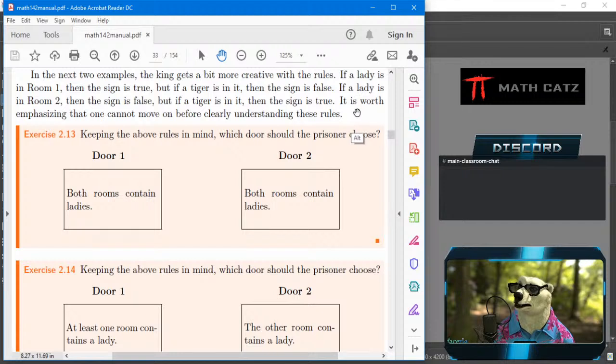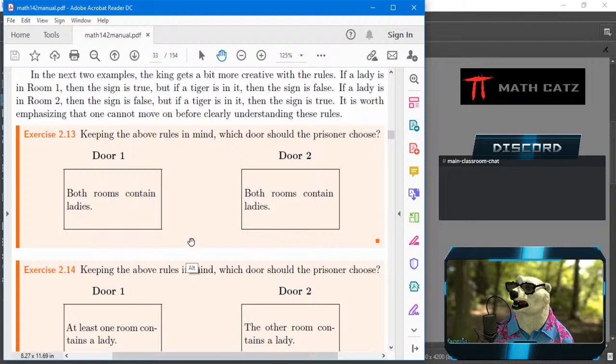I say here as well, emphasizing it, that in general you have to be very clear on what the rules are for this specific variation of Lady and the Tiger. I know how my general approach is going to start, but I need to be aware of all the rules, all the things, before continuing too far.